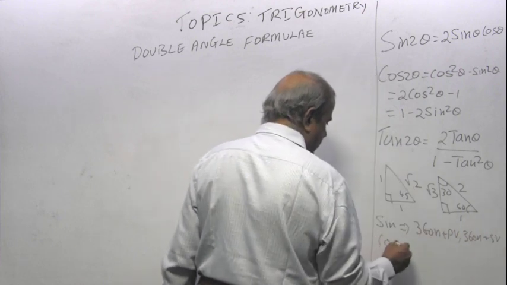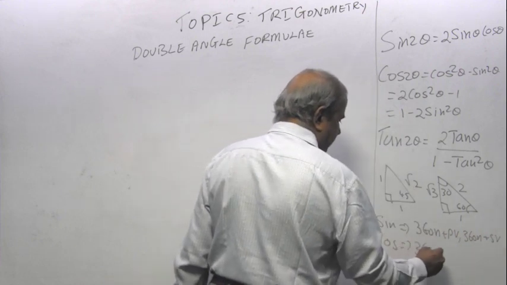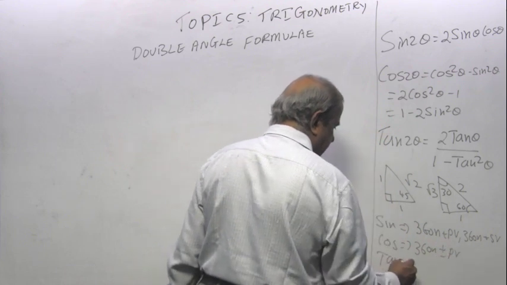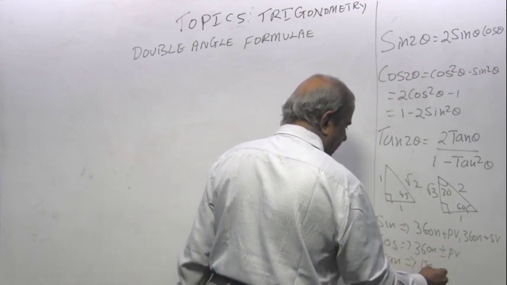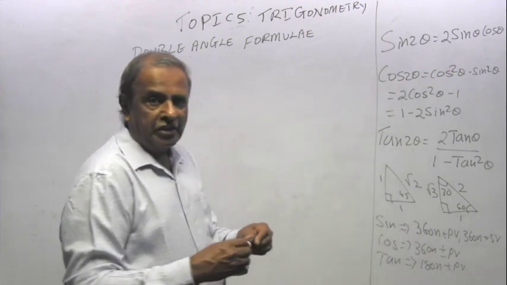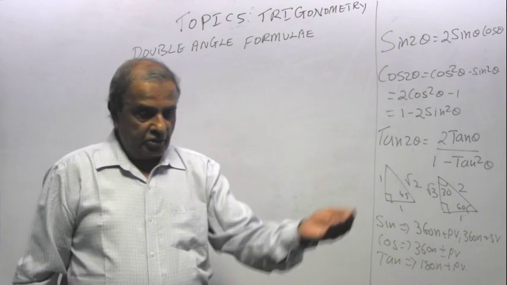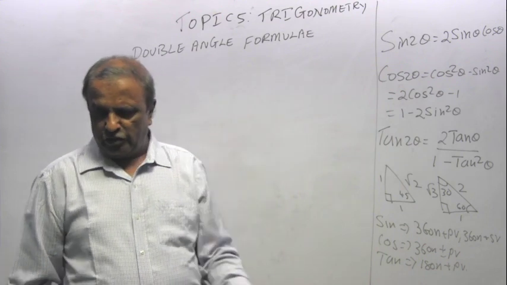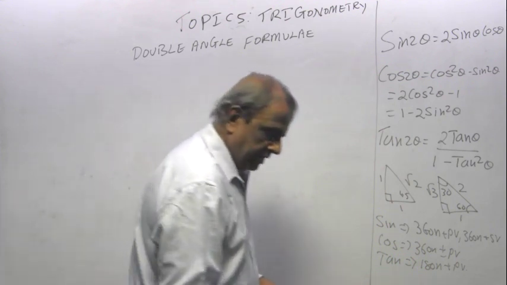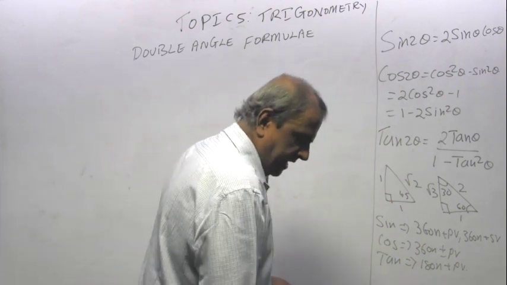For cos, it is 360n plus minus PV. And for tan, it is 180n plus PV. Well, those are the base. Of course, I assume you know tan is sine over cos, cot is cos over sine, and sine squared plus cos squared is 1, and those things I'm not going to write.